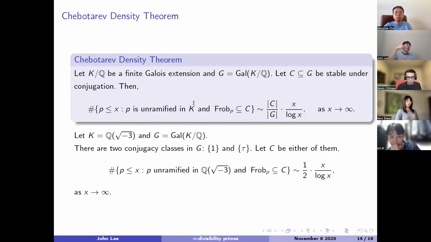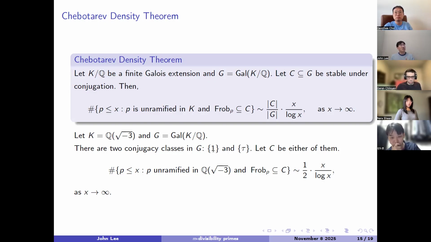So even if I include these primes that are ramified, this asymptotics will not be affected. But conventionally, we always say just P is unramified. But even if you consider the ramified case, there are just very few of them, so it will not affect the asymptotics in general.